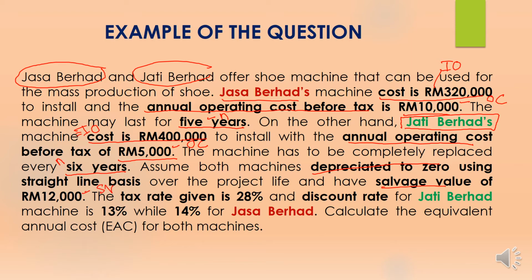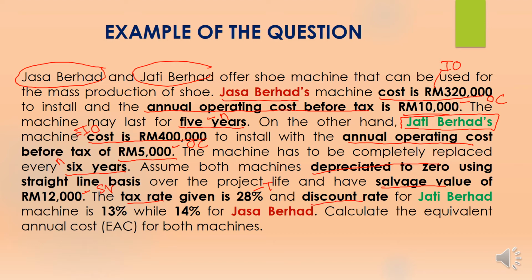Next information, the tax rate is given as 28%. So the tax rate here is represented by T, which is the tax information, and the discount rate for Jati Berhad is 13%, while 14% for Jasa Berhad.